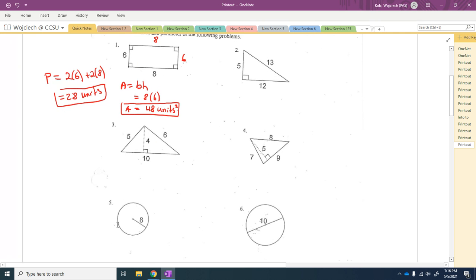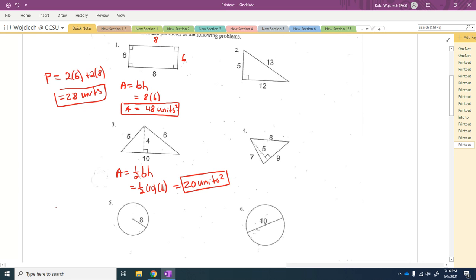Example number 3, we have 4 numbers given. To find the area, I have to use 1/2 base times height, which will be 1/2 times 10 times 4. Please remember, base and height are perpendicular. Half of 10 is 5, 5 times 4 is 20, so that will be 20 square units.